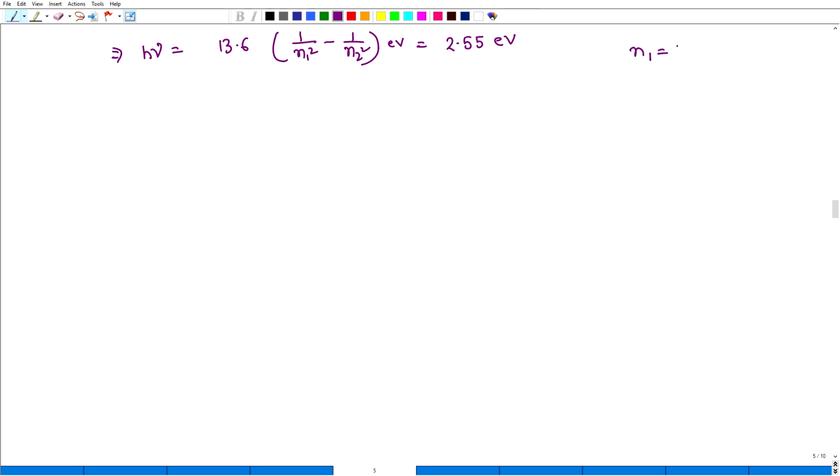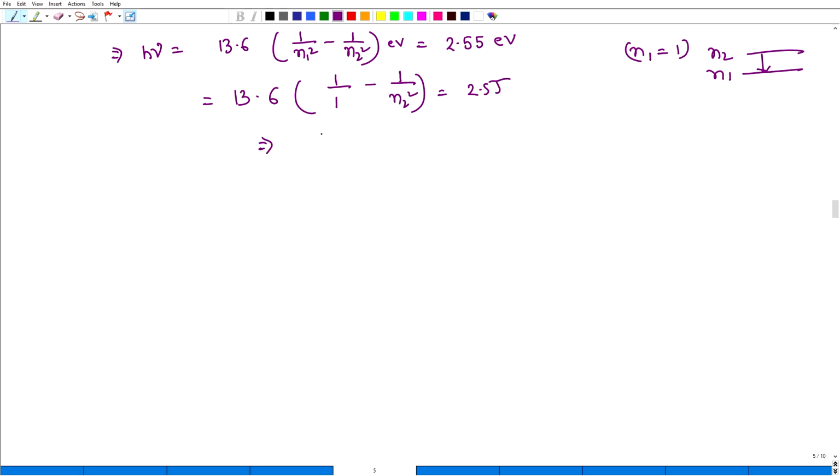Let us put n1 equal to 1, means where the electron is coming, ground state, n2 is the excited state. If n1 is equal to 1, then it will be 13.6 times (1 minus 1 by n2 square), and it is 2.55. So, eventually 1 minus 1 by n2 square is, let me calculate it, 2.55 divided by 13.6. So, it is actually 0.1875.